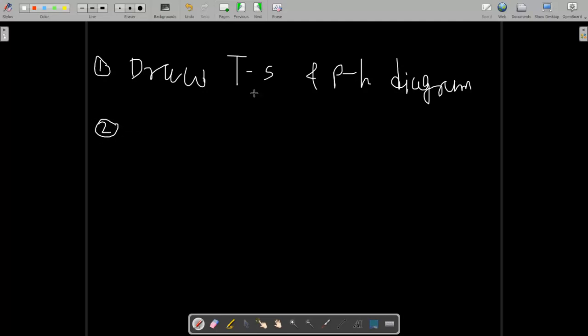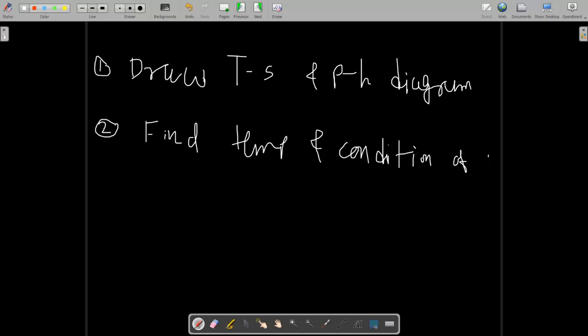If there is subcooling, show subcooling. Then find the temperature and condition, like it may be superheated, it may be saturated, or it may be in the liquid-vapor region, so we have to find the dryness fraction. So find the temperature and condition of each point.